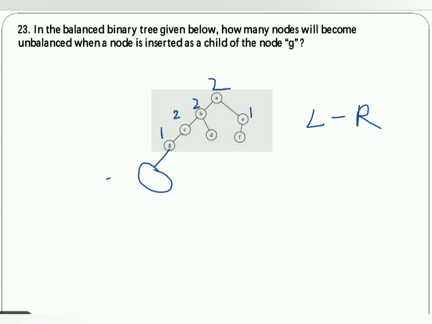Three nodes will become unbalanced. A will become unbalanced, B will become unbalanced, and C will also become unbalanced. So the correct option is 3.